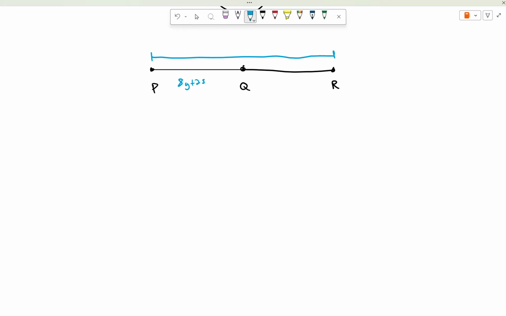PR is 13y plus 25. Okay. And we're going to find QR.